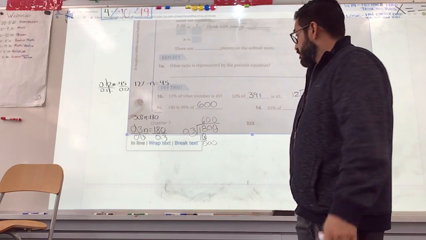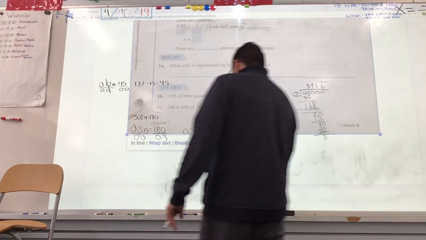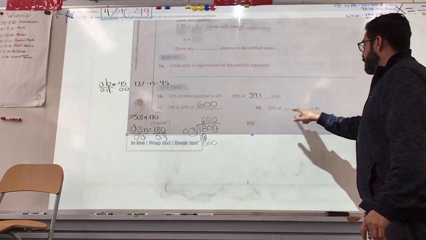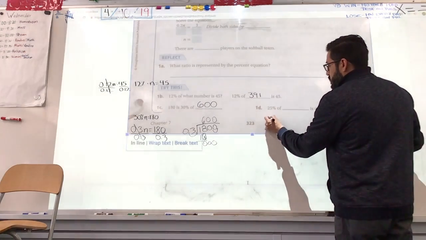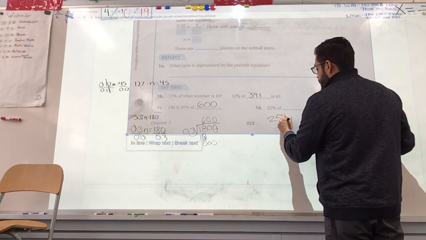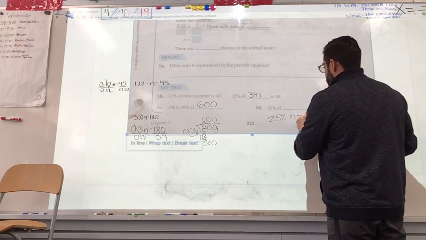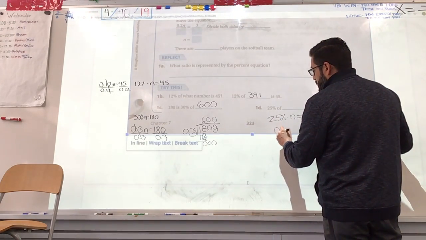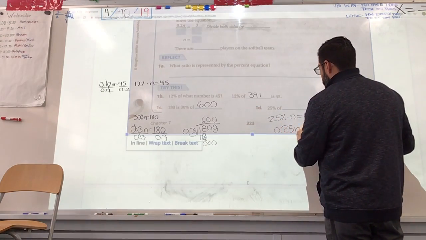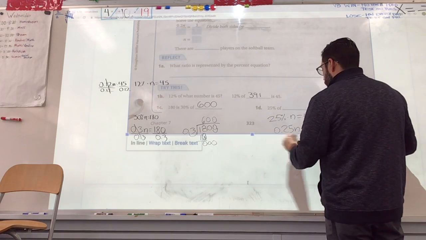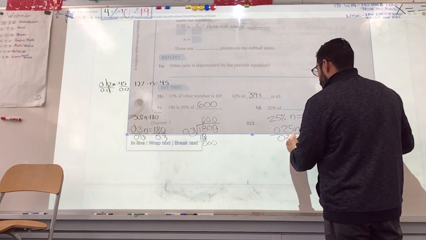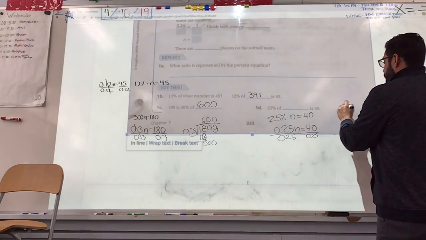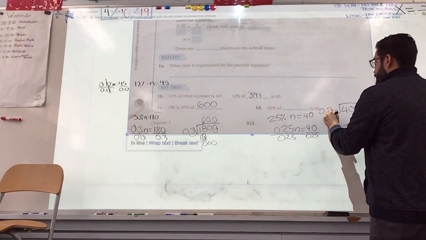Last one. I'll erase this, hopefully you got it. 25% of blank is 40. 25% times N equals 40. So convert this to a decimal, 0.25 times N equals 40. Divide by 0.25, divide by 0.25, 40 divided by 0.25.